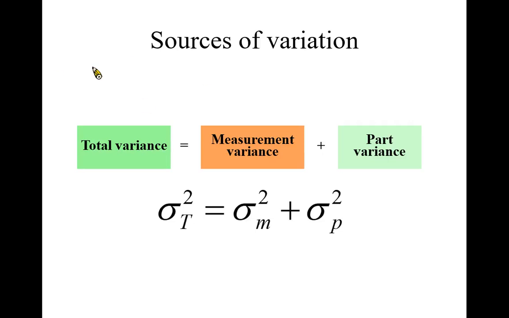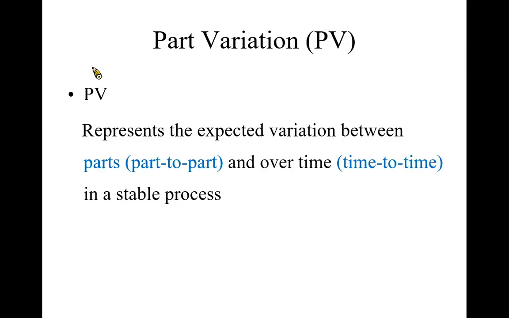So we have to know our variance. The variance we measure majorly comes from the measurement variance and the part variance. Part variance comes from the process. Part variance, PV, represents the variance from part to part over time in a stable process.